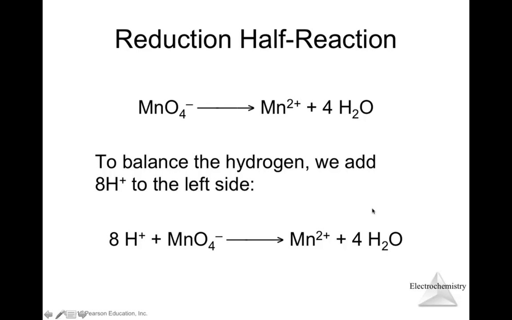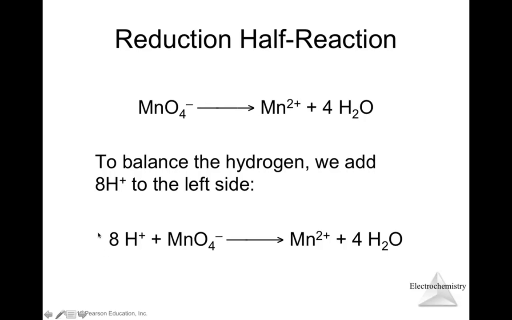Remember that the only thing that we're available to add to balance charges are electrons. Electrons are negative charge. So if we have a +7 here and a +2 here, we need to add those electrons in the reactant. And remember that in a reduction half reaction, the electrons are always going to be in the reactants.